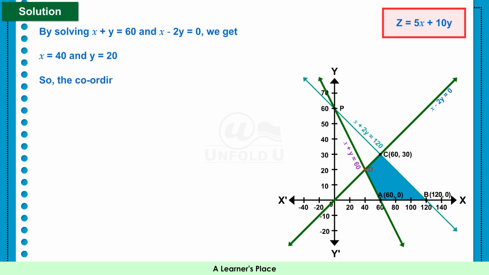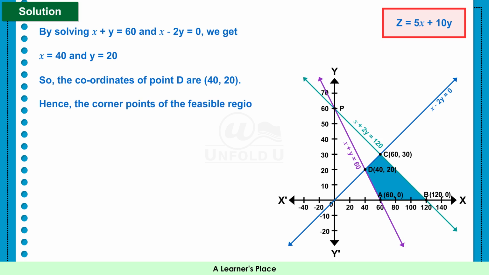So, the coordinates of point D are (40, 20). Hence, the corner points of the feasible region are A with coordinates (60, 0), B with coordinates (120, 0), C with coordinates (60, 30), and D with coordinates (40, 20).